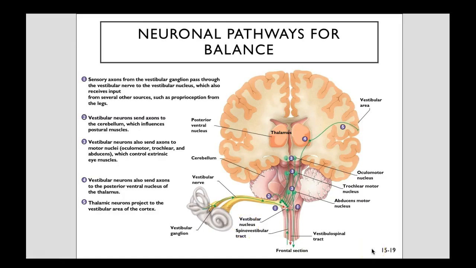And now the last thing we are going to discuss is the neuronal pathway for balance. We pick up sensory information for balance from our semicircular canals as well as the utricle and saccule within our vestibule, and we pass it through our vestibular nerve.